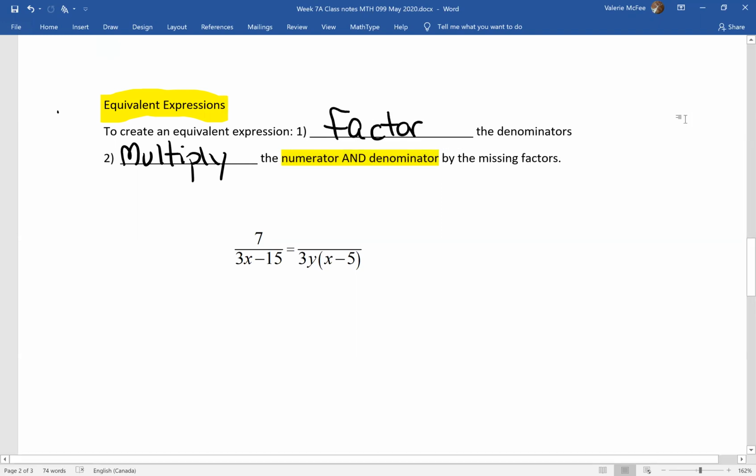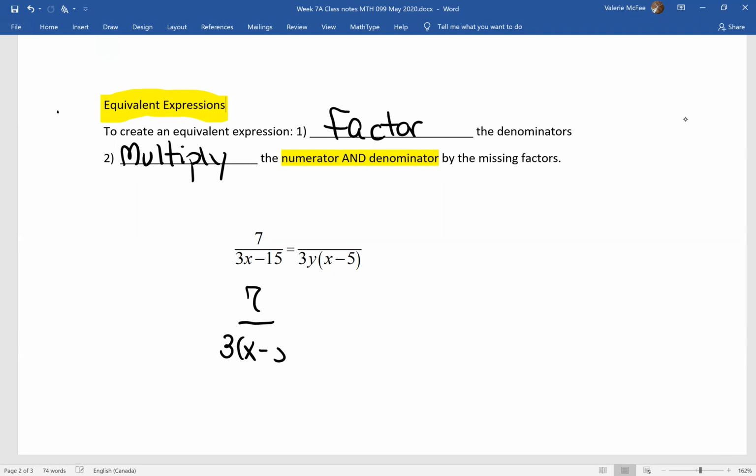So if we look at this example, if I factor my denominator, I can see I have this. Remember, we're looking for the missing factors.